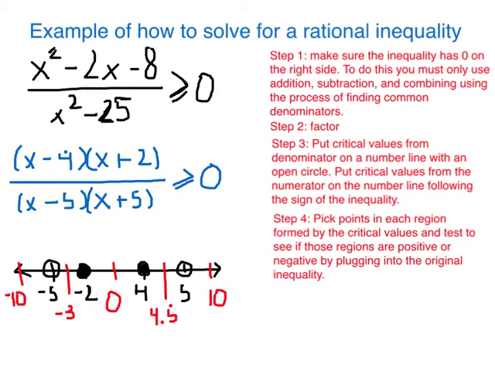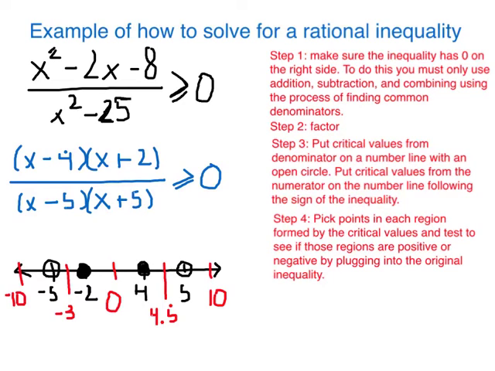You can pick any values. These are just values that I randomly picked. Well, not necessarily random. I picked the easiest ones I could think of. And so what we're going to do with these is plug them into the original equation. Now if your original inequality doesn't have 0 on the right side, plug it into the simplified version where you have 0 on the right side.